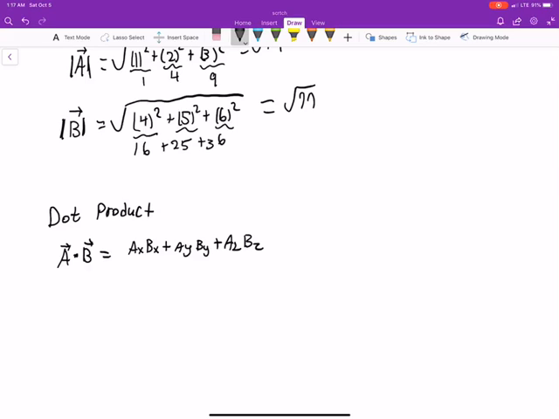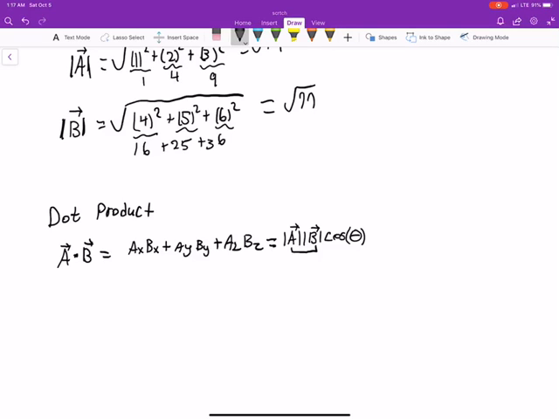Now the dot product spits out a scalar, which is different from the cross product. Another way to think about the dot product is the magnitude of A, magnitude of B, times cosine of theta, where theta is the angle between vectors A and B.